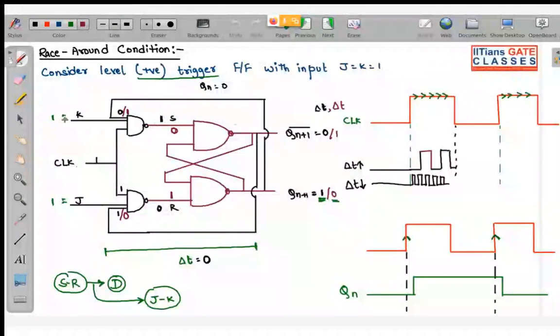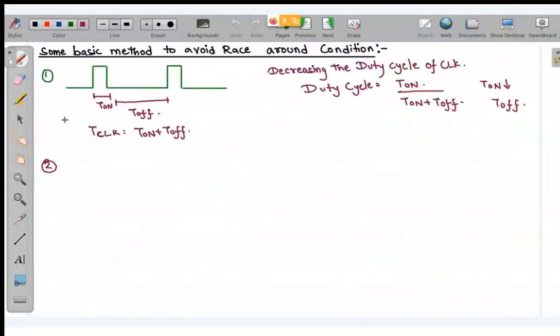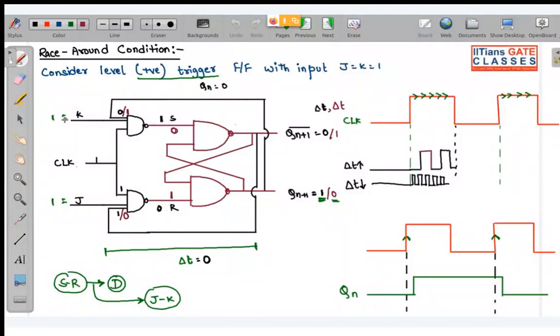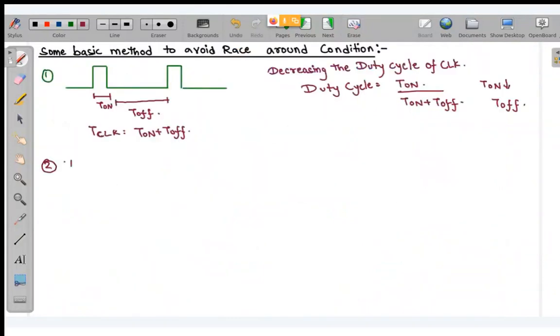Next method, anything? See, what we can do, if I decrease the time period of the clock itself, decrease the time period of clock.